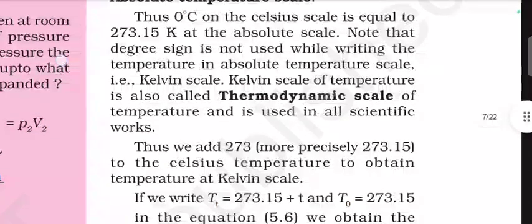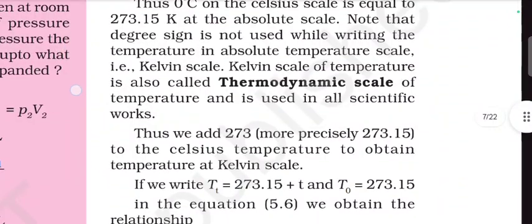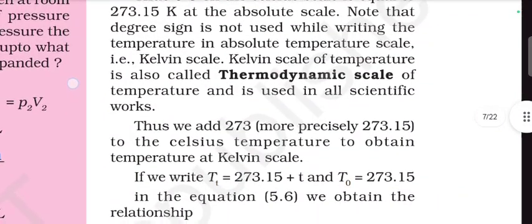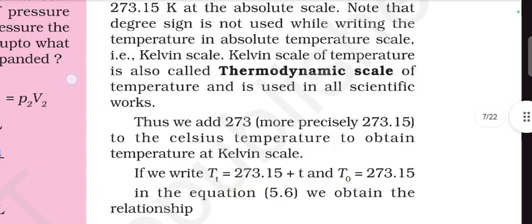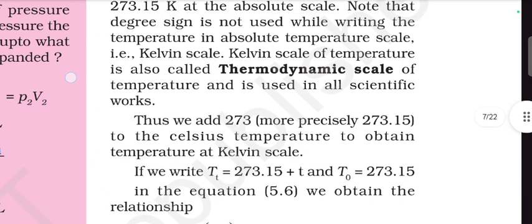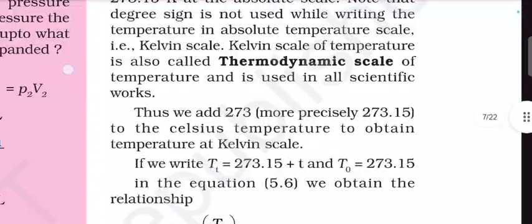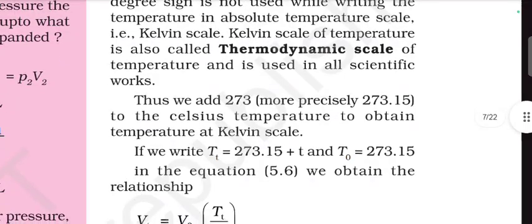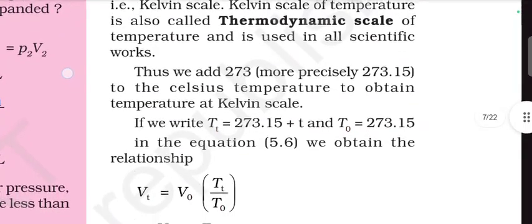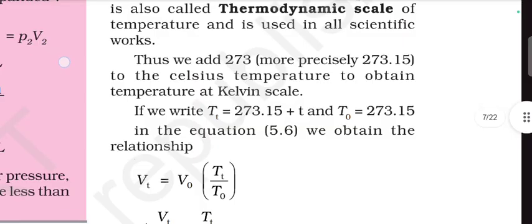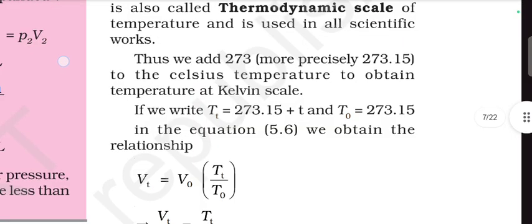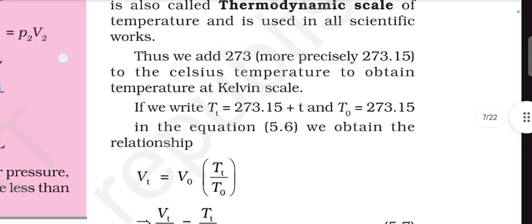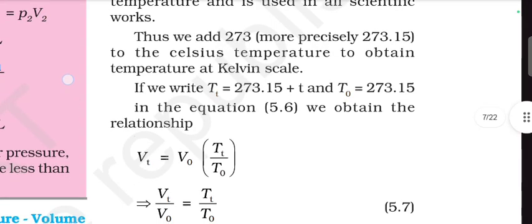Note that the degree sign is not used while writing the temperature on the absolute temperature scale, that is, the Kelvin scale. The Kelvin scale is also called the thermodynamic scale of temperature and is used in all scientific work. Thus, we add 273, more precisely 273.15, to the Celsius temperature to obtain the temperature on the Kelvin scale.